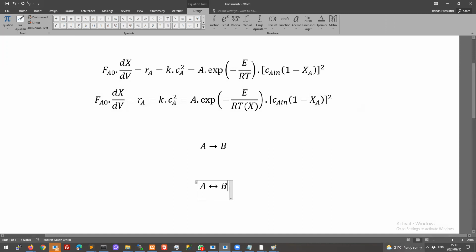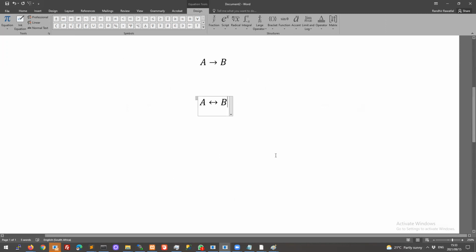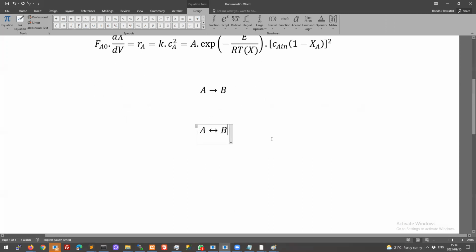When we have a reversible reaction, is equilibrium a good place to operate? Do we want to operate at equilibrium? Any takers? All right, thanks, Samishka. No. Any reasons?